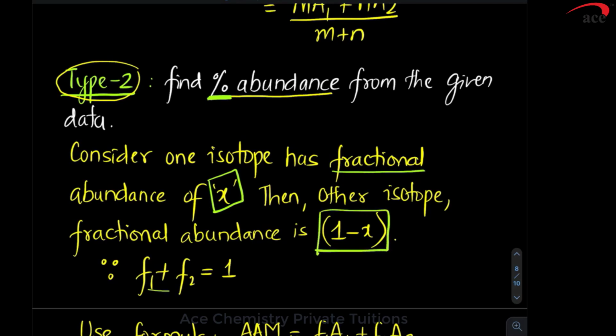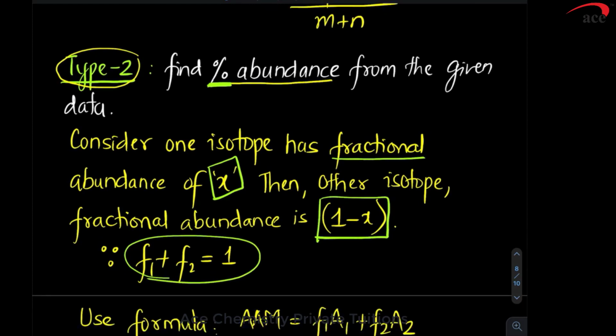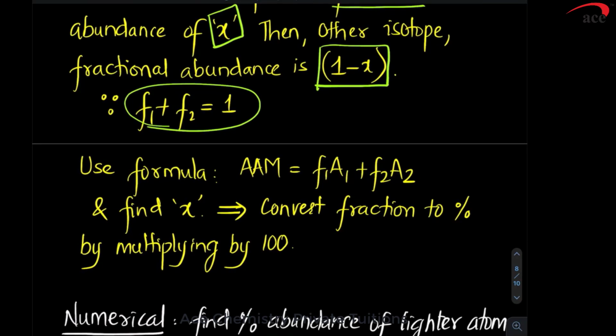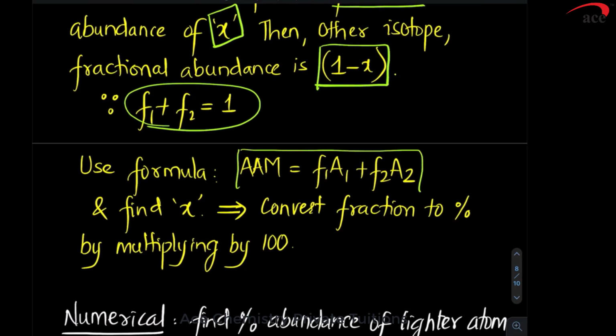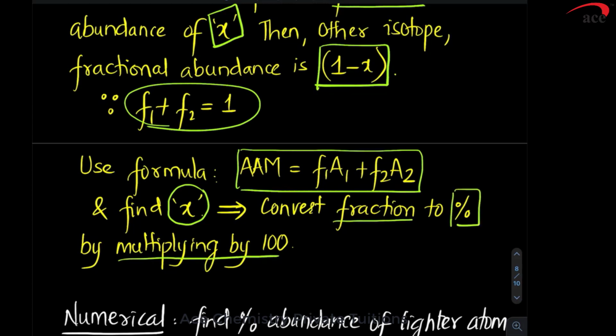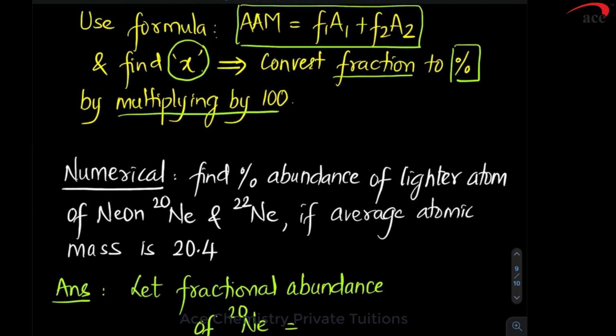The other fraction will be 1 minus x because you know the sum of the fractional abundances is 1. This method is convenient when two isotopes are involved. Then use this formula, substitute the data, and calculate the value of x, which will be a decimal number or a fraction. Multiply that fraction by 100, and you will get the percentage.